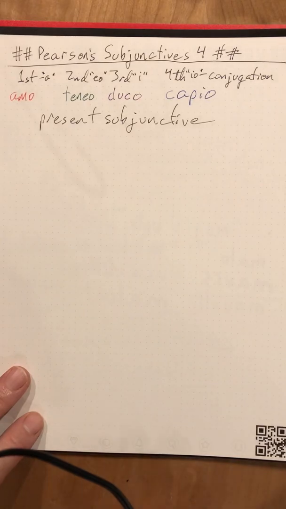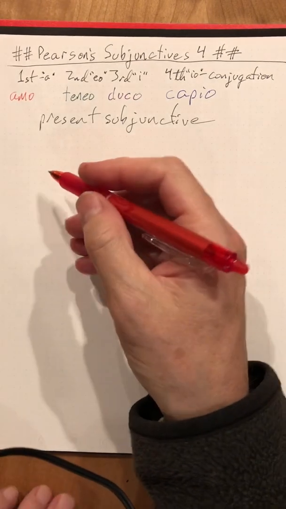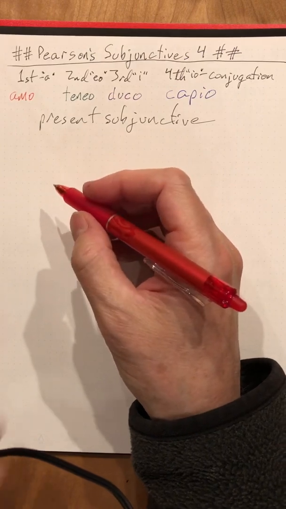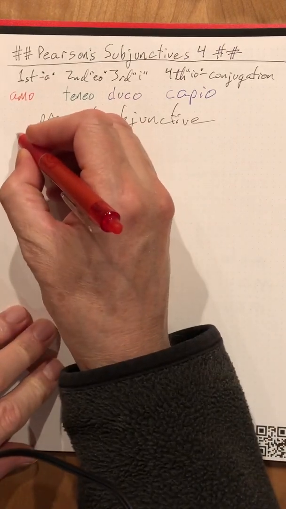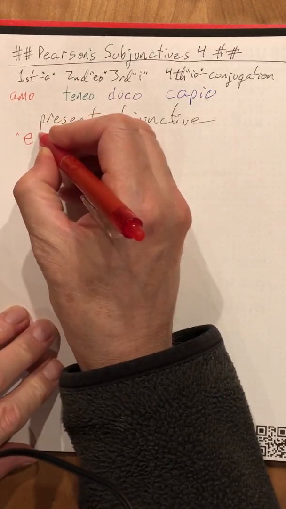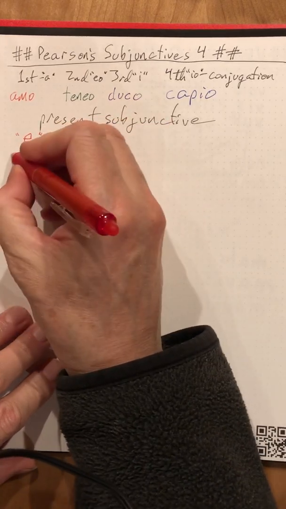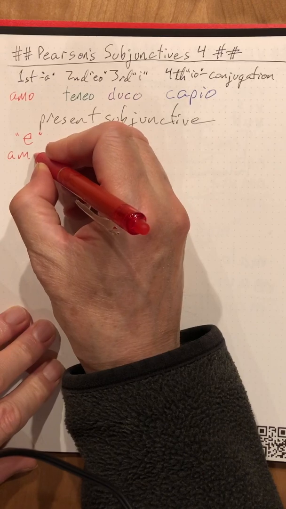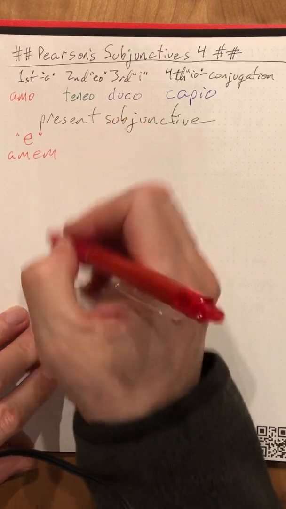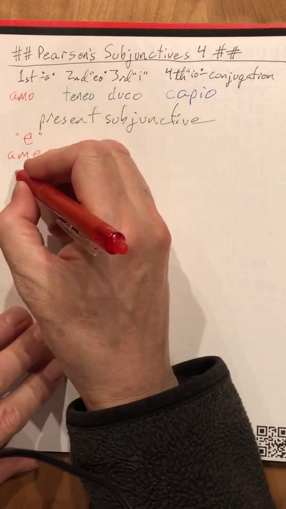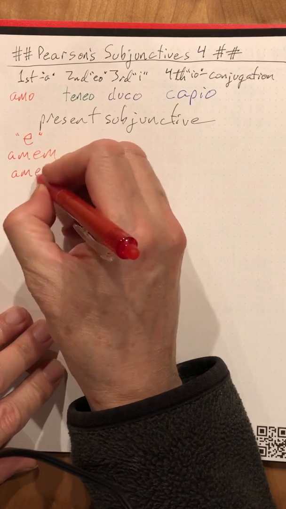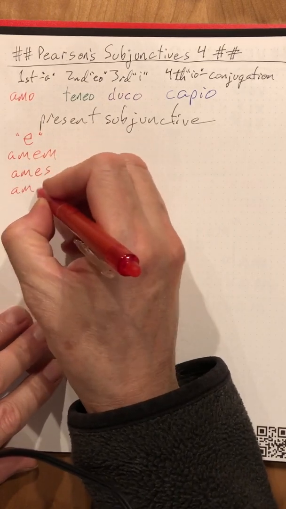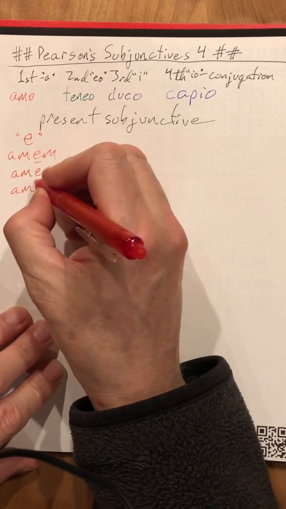So here's what happens. Instead of amo, amas, amat, we change to E. So we have amem, ames, amet. See the E in there?